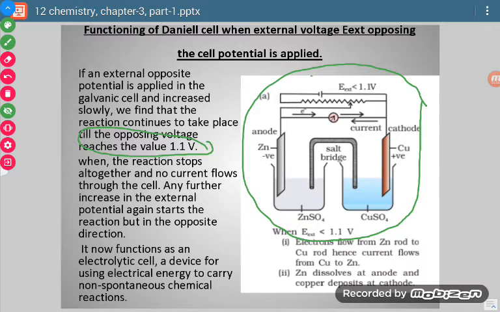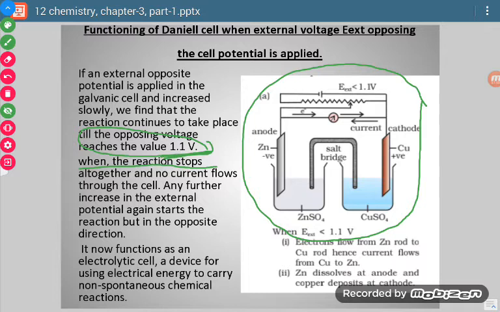So when it reaches the maximum value, or we can say EMF value, till that point it keeps on working. Now when this value is reached, then no reaction takes place, means till 1.0 volt it will keep functioning, but when the value will be 1.1 volt, then the reaction will stop.